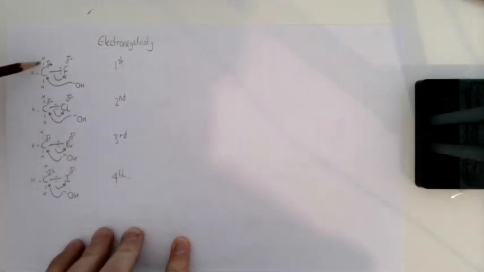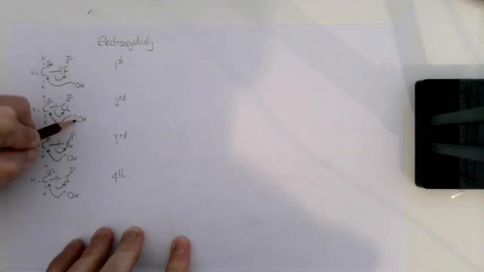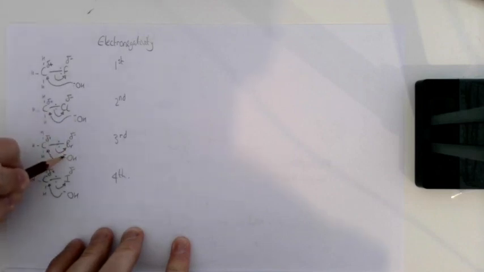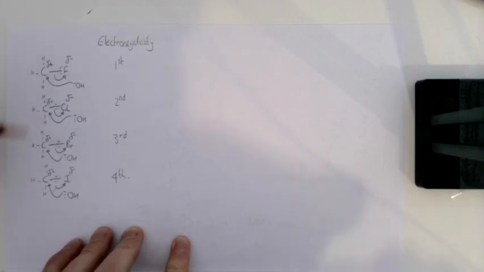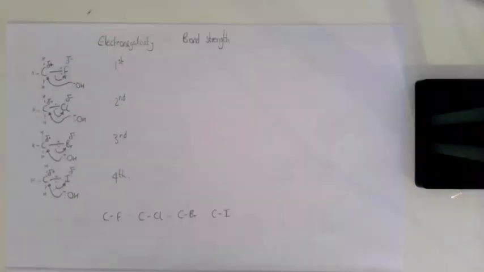Because this is the most delta positive carbon, it would be easiest for the nucleophile to go in and attack this one, then this one, then this one, and then this one. So that's, if we were going to predict the relative rates based on electronegativity, we would rank them this way.